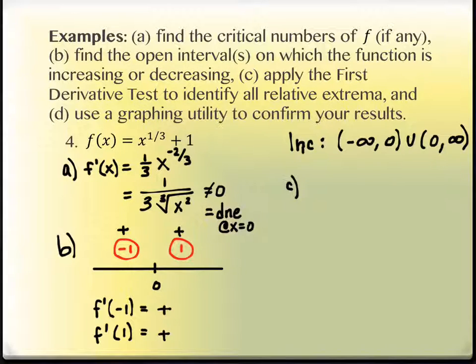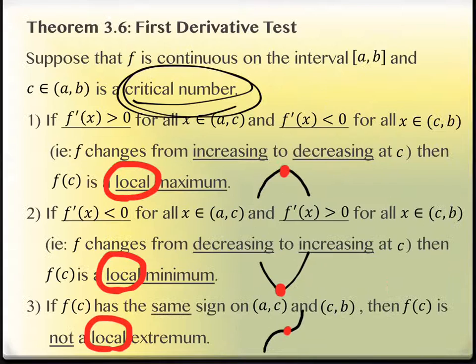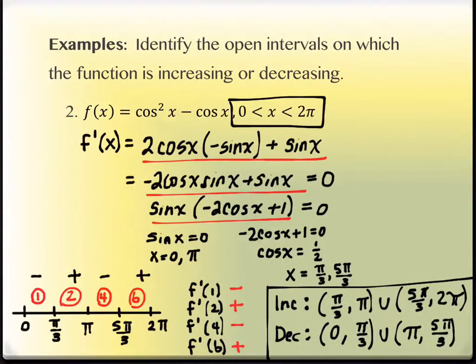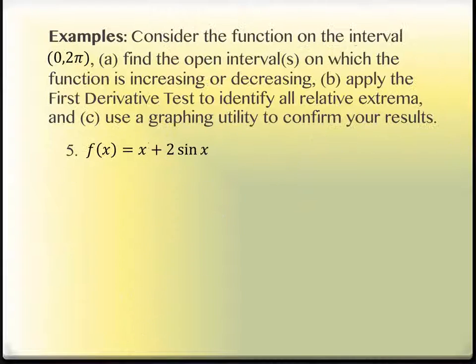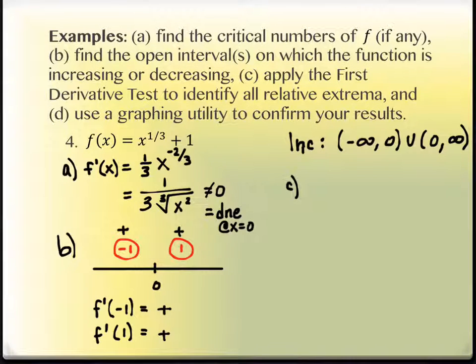So back on our screen where we had all of the first derivative test options, this is number 3. f of c has the same sign before and after 0, right? Same sign. So there is no local extrema, no relative extrema. So this is no extrema.